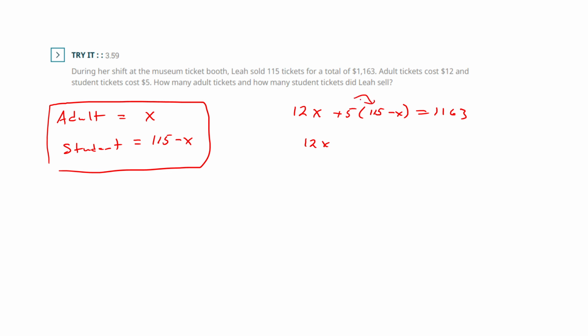So we're distributing this. I get 575 minus 5x. Okay, combine like terms. You got 12, take away 5, got 7x. We want the factor puzzle alone, so we're getting rid of this.